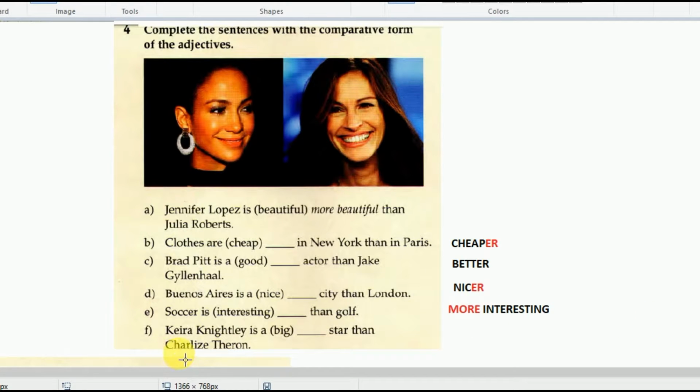And letter F, Keira Knightley is a big star. But if you compare with Charlize, Keira Knightley is bigger. So Keira Knightley is a bigger star than Charlize Theron. Okay, don't forget to double the consonant because it's a consonant, vowel, consonant adjective. So this is exercise 4.